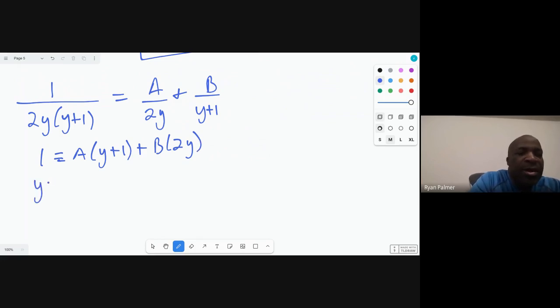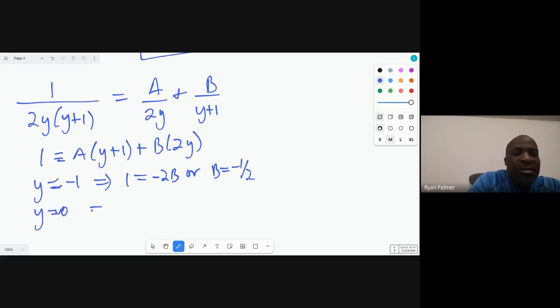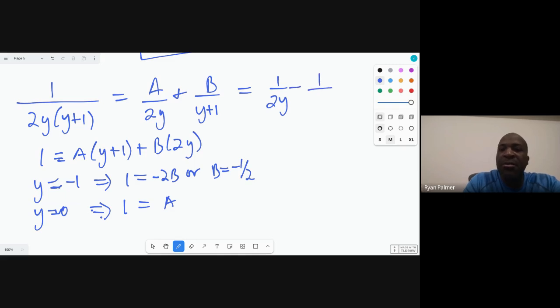So we're going to let y equal minus 1. This implies that 1 is equal to minus 2B, or B is equal to minus a half. Then we're going to let y equal 0. And this implies that 1 is equal to A. So here we're going to have 1 over 2y minus 1 over 2(y plus 1).